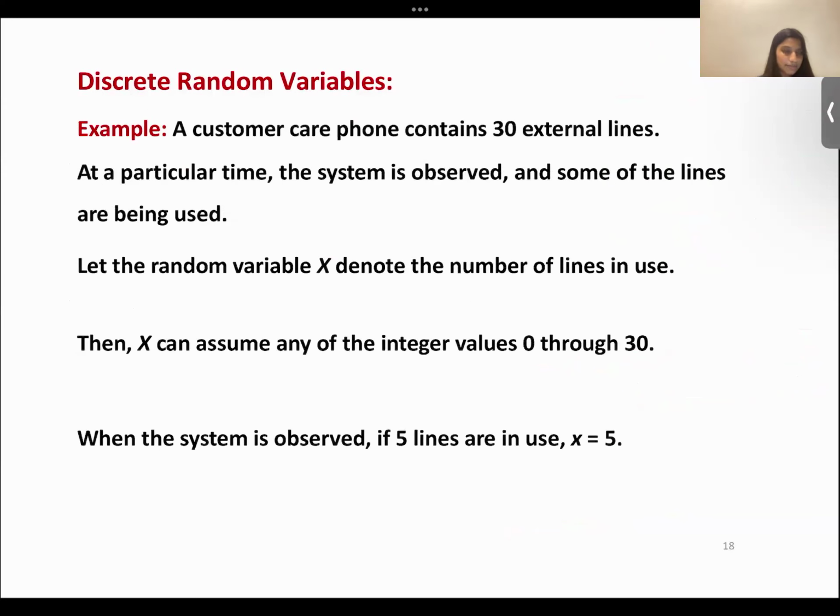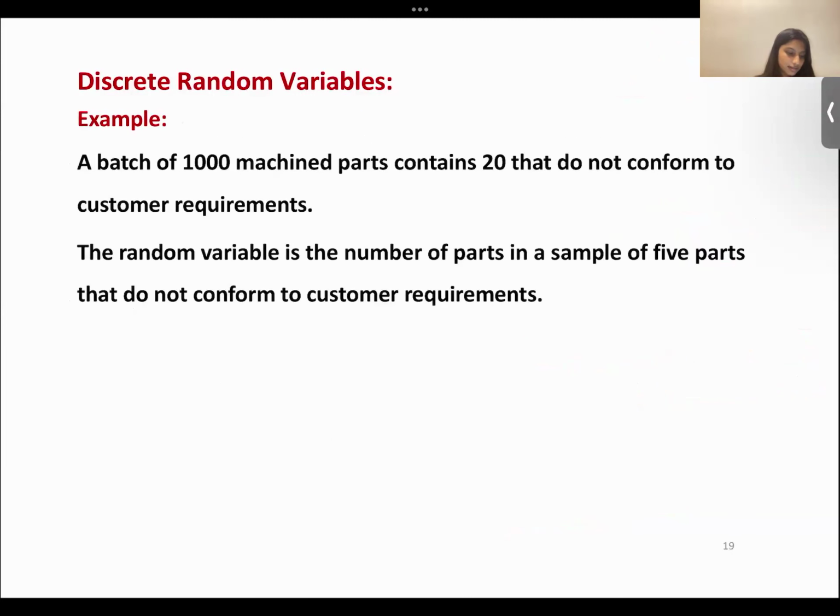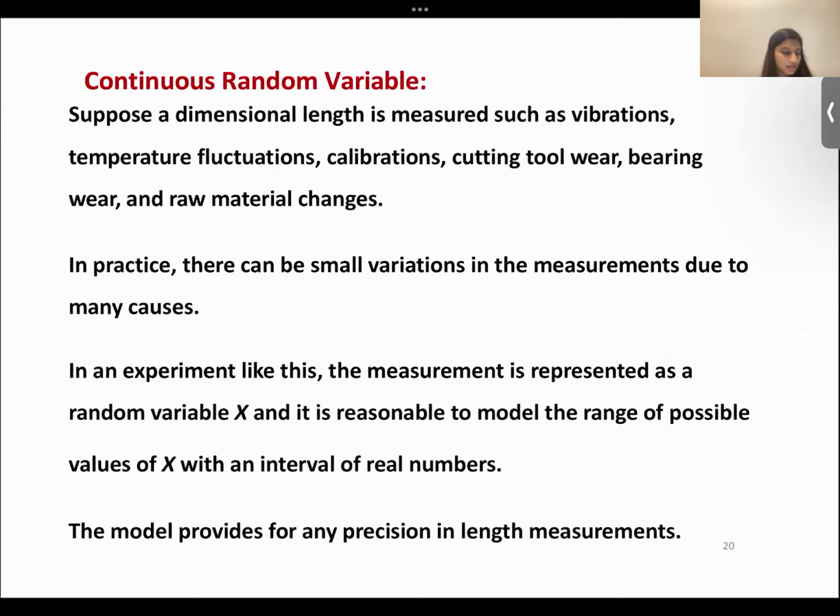These are just examples. A discrete variable is, again, like the number of times you make a call: you make a call 5 times or 2 times. These are whole numbers, so it's a discrete random variable. The number of machines that function and the number that are not functional are also whole numbers, so these are discrete random variables.